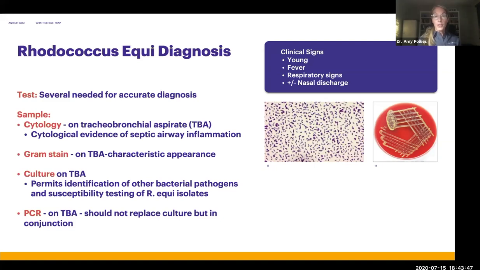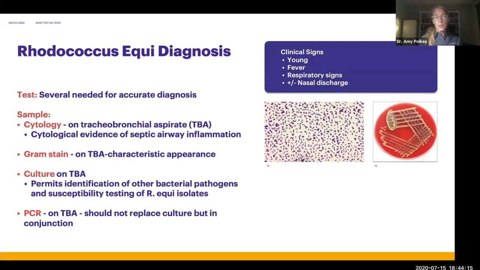So cytology, if you do a tracheobronchial aspirate and you look for cytologic evidence of airway inflammation, and Gram stain, is the quickest way that you can get a diagnosis, right? They have a very characteristic appearance, the organism. So that would be really quick, we'd send it in for cytology and Gram stain. You have a pretty good idea that that's what it is.